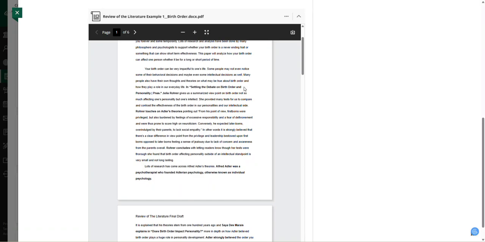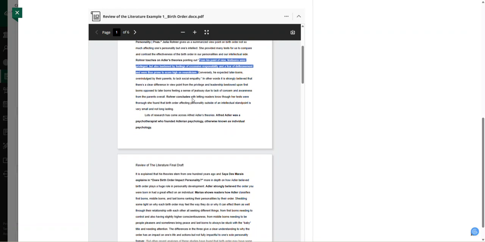Remember, this is a review of literature, so then it's the article Settling the Debate on Birth Order and Personality by Julia Rohrer. And basically a summary, and also here we have a quote talking about Adler's theory, and conversely the conversation here about some analysis of this particular reading.